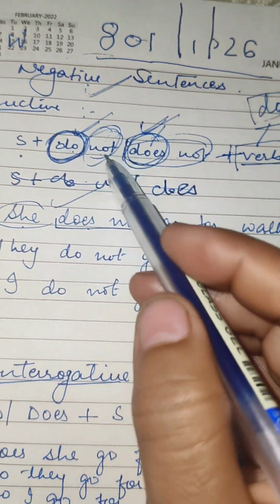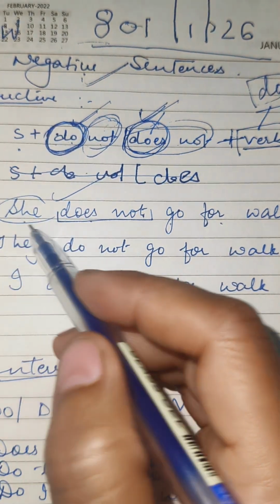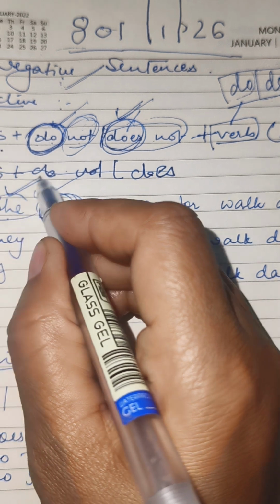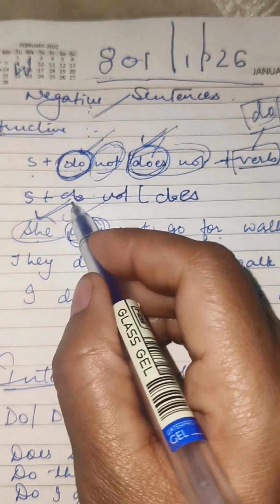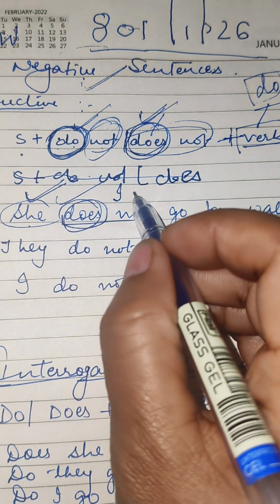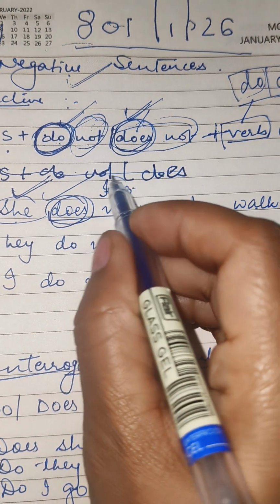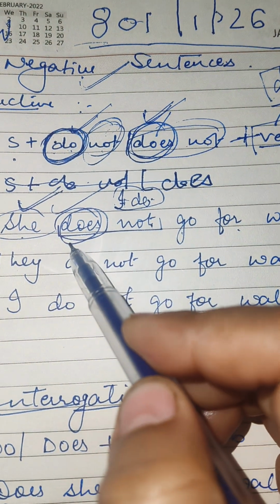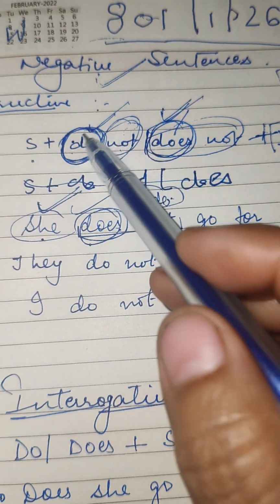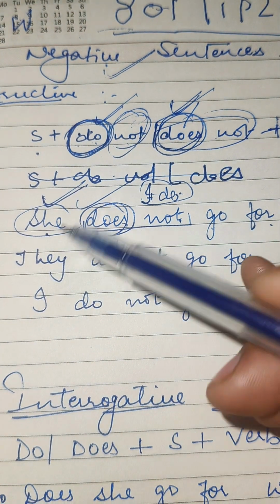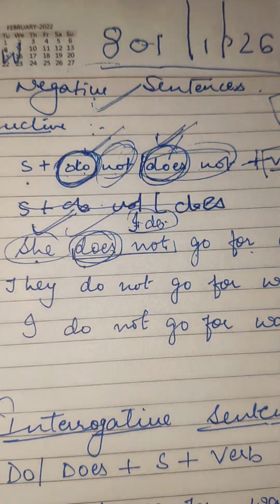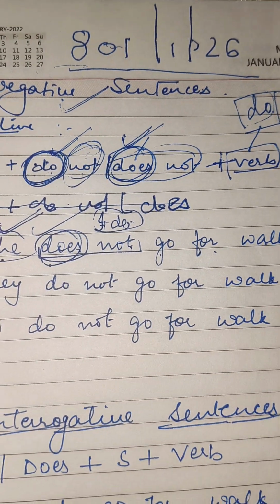Here we were talking about do and does. We use does with all the singular subjects except I. We use do with I. So we use does with all the singular subjects except I, and do with all the plural subjects including I. I hope this much is clear.